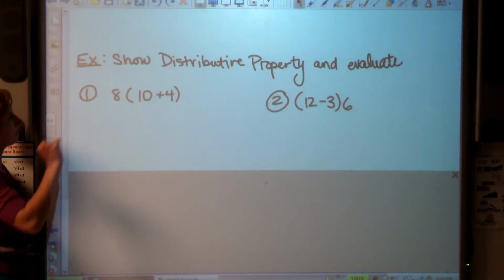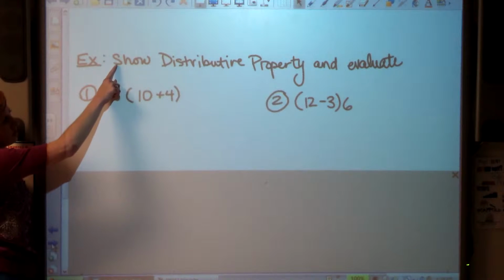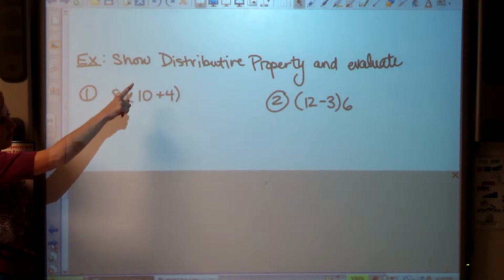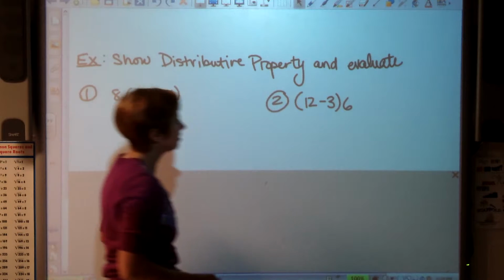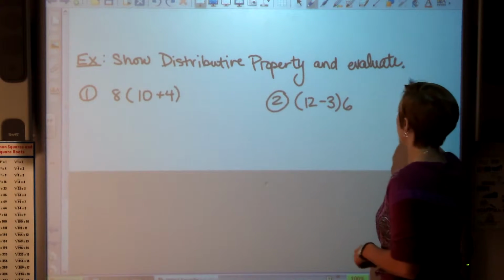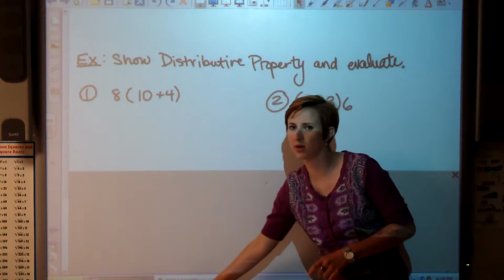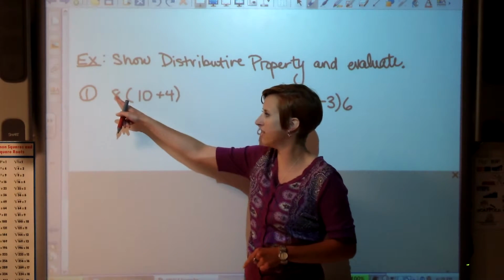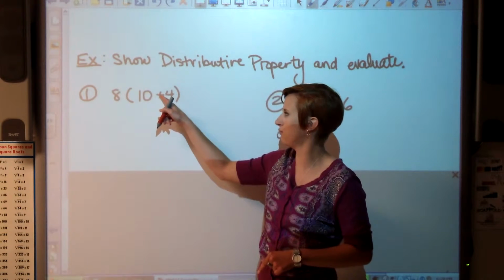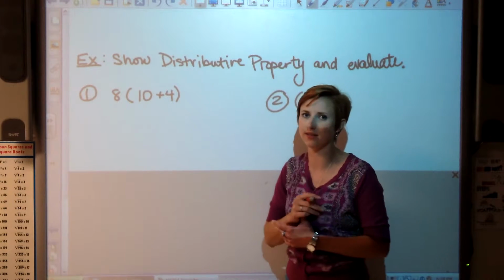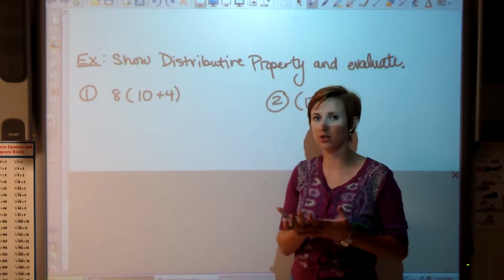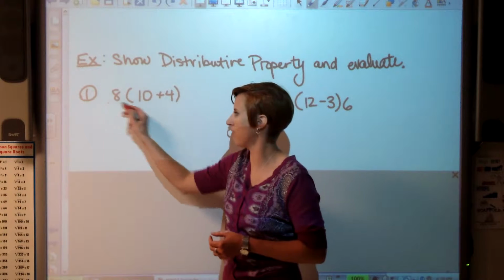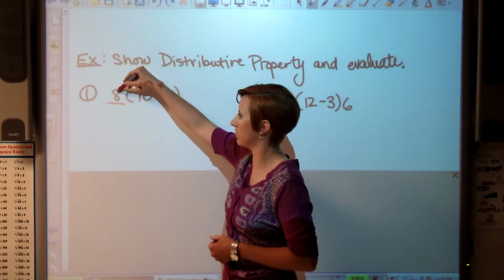So for our examples, we're given the directions to show distributive property and evaluate. So we must show the distributive property to evaluate these expressions. So for number 1, we get 8, and then inside parentheses 10 plus 4, and then close the parenthesis. Now, to distribute, we take our outside term of 8, and we distribute it in.